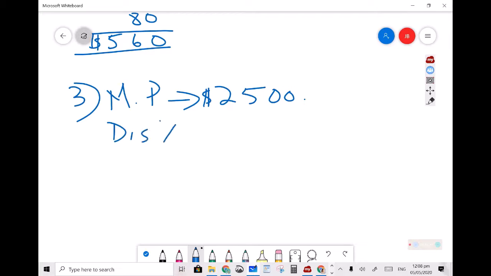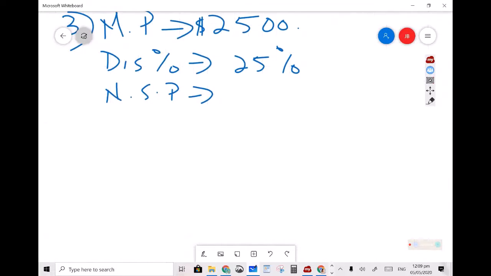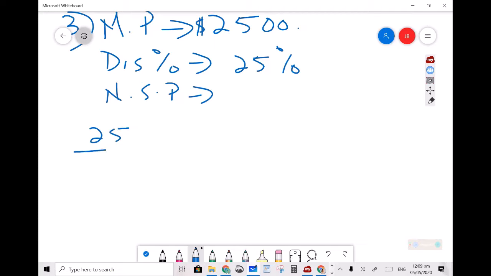Our discount percent is 25%. Our new selling price is what we have to calculate. So we calculate 25%. Again, reminding you all that it is about application of percentages. Okay, so we can cross out our zeros.